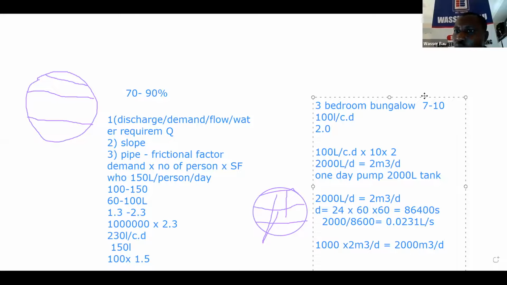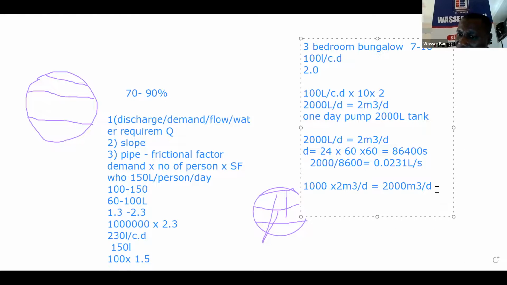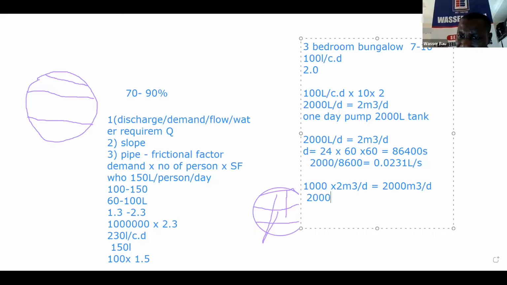Then if I now want to do my pipe design, I will convert this to liters per second. Of course, you know how I'm going to do it. I'll simply say 2,000 times 1,000, converting it to liters. And as soon as I do, I will introduce L. This is 2,000 M3. There's a way we do it in science: if I put this one, I'll put M3 over.